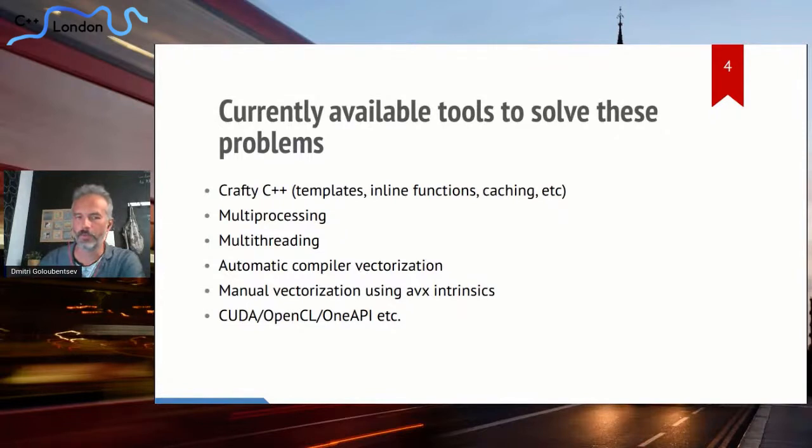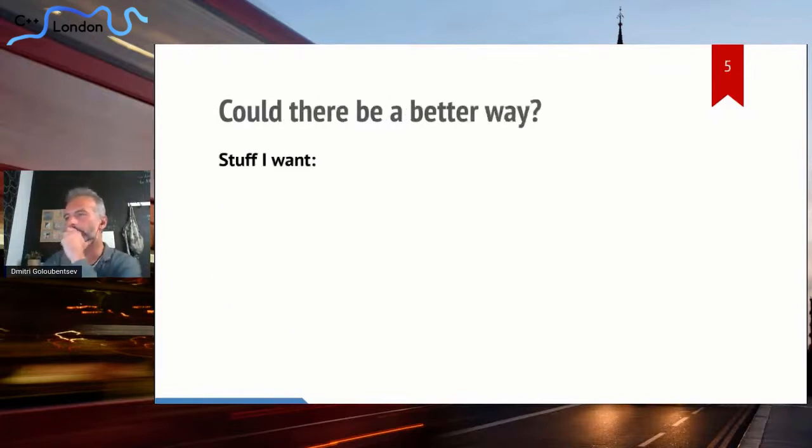So, for example, virtual functions are generally not available on CUDA, OpenCL, oneAPI, etc. And you have to think about memory management, all this kind of jazz. You can do it, but then the maintenance of the end result is getting more difficult, and obviously you need more specialized developers to do that. So there could be a better way.